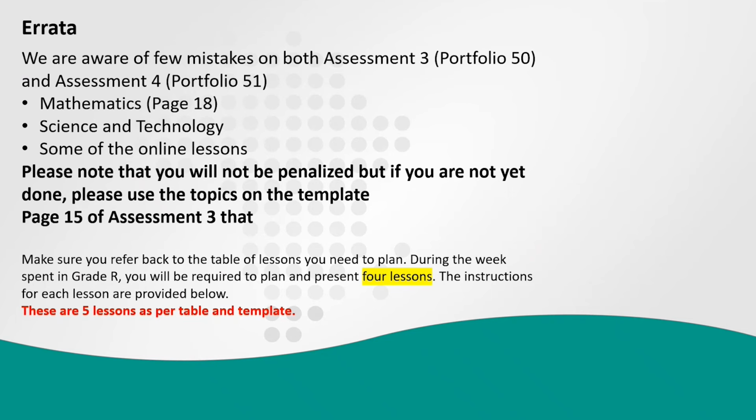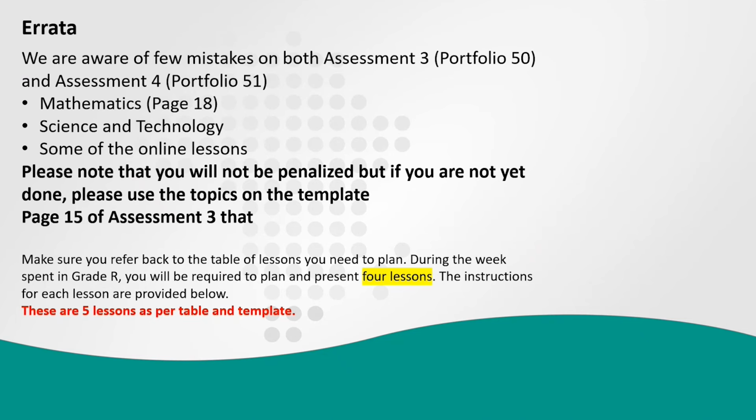Make sure you refer back to the table of the lesson you need to plan. I've quoted from assignment 50, portfolio 50: make sure you refer back to the table of lessons you need to plan. During the week spent in grade R, you'll be required to plan and present 4 lessons.